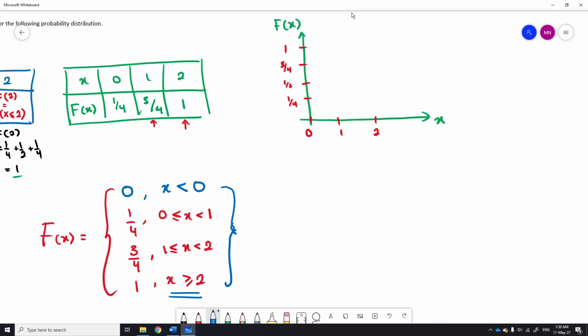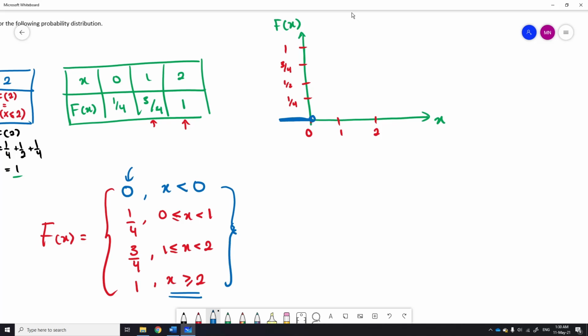For x less than 0, F(x) is 0. So this is the value of 0, and it is until x is less than 0. So you make a hollow circle right over here.